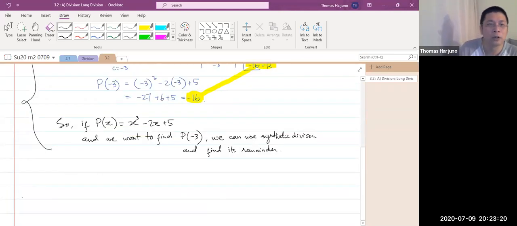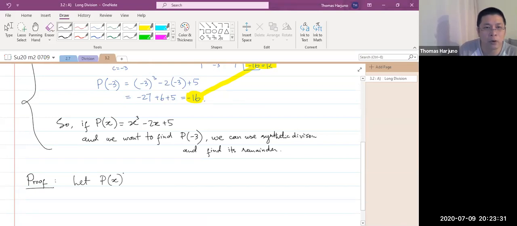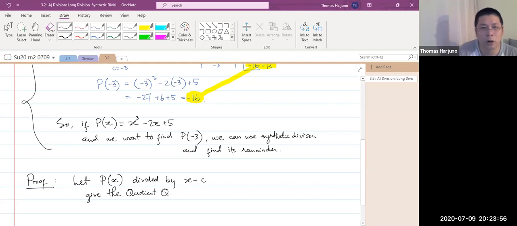Okay, now the proof for that theorem. Let P(x) be a polynomial divided by x minus c, giving the quotient Q(x) with remainder r.